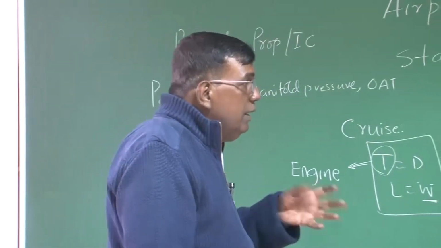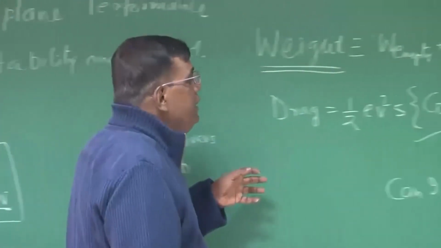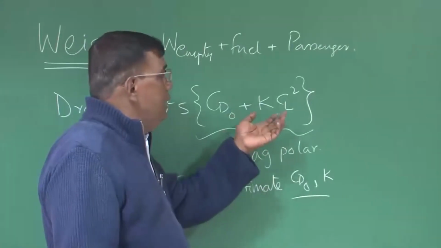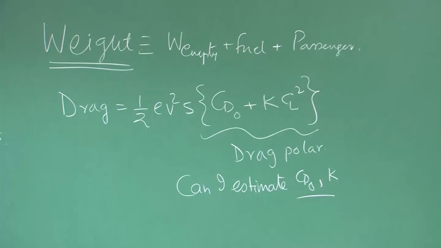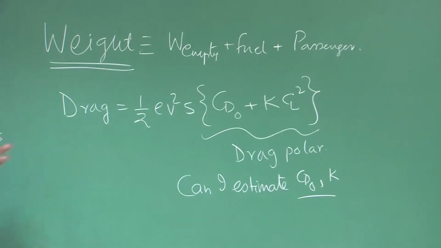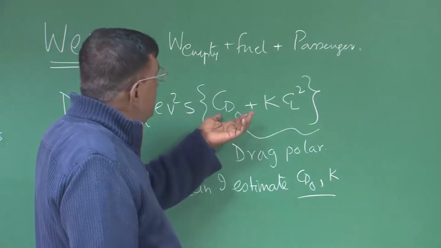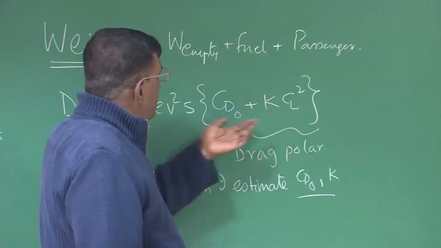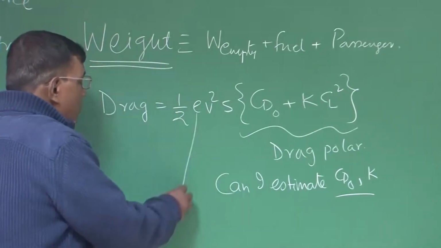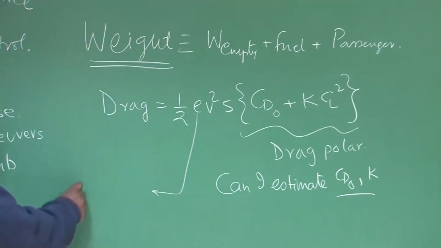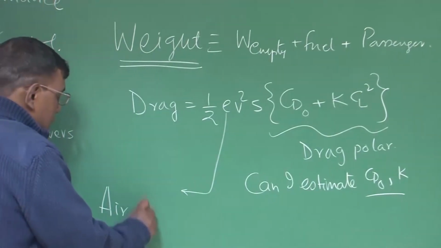So one experiment will be, how do I estimate CD0 and k, or in turn how can I estimate the drag polar of the airplane. So what are the things here in the drag polar? If I want CD0 and k, in half rho V square S, what is rho? Rho is the air density.